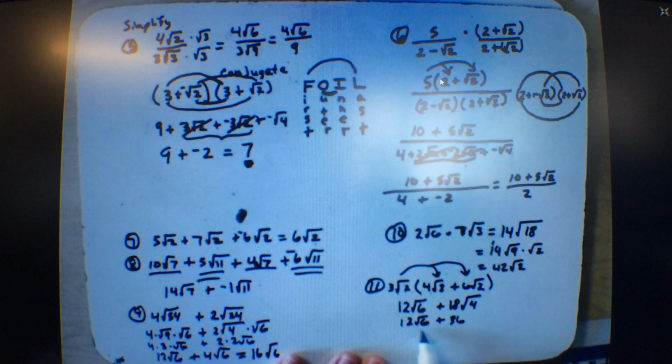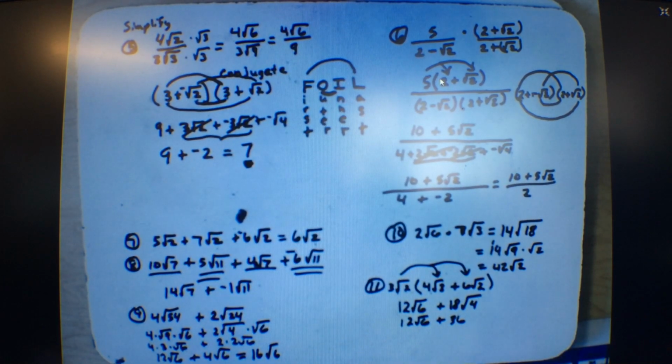Can I add these two together? Yes or no? No. They have to have the same radicand in order to, this one doesn't even have a radicand, so you cannot. Okay. There's a lot of information in there, isn't there?